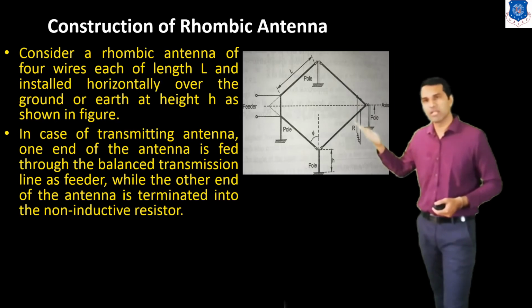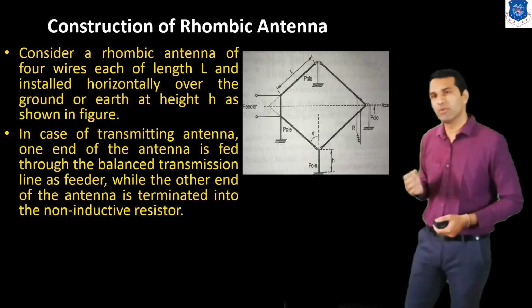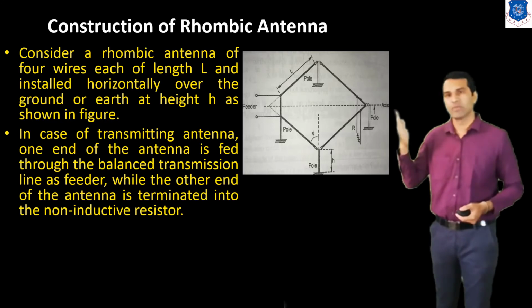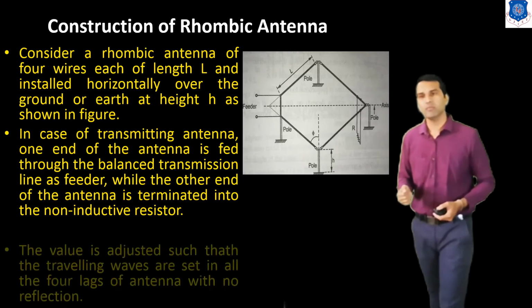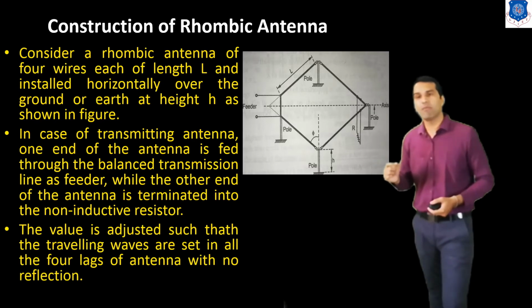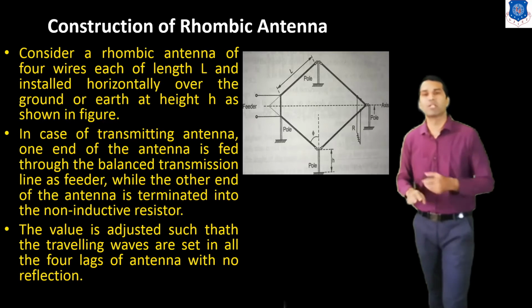So here we can see the one end, that means the left hand side end, is fed with the transmission line, and the second end we have terminated. Now the value is adjusted such that the traveling waves are set up in all the four legs of the antenna with no reflection.